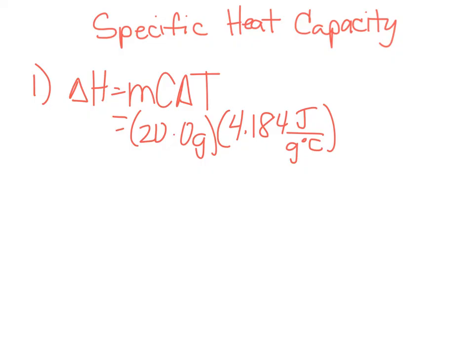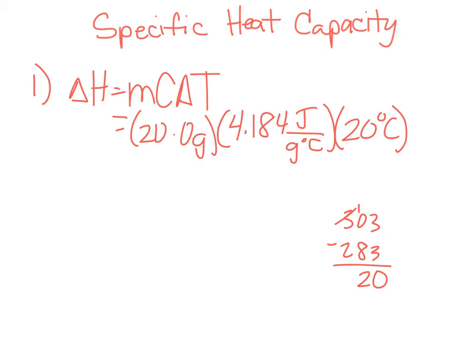And then ΔT is the change in temperature, so final minus initial. So you take a look over there. Okay, so it's 303 minus the 283. So let's see if I can do my math today. Okay, so that's just a difference of 20 degrees Celsius, right? So that is your ΔT.